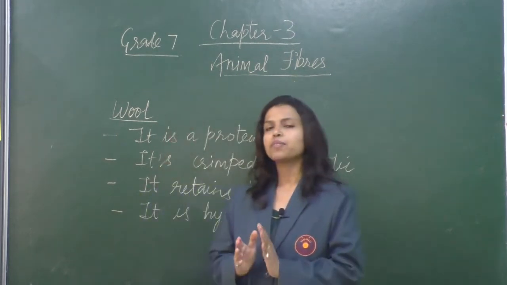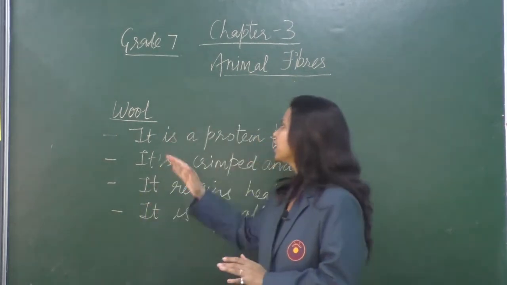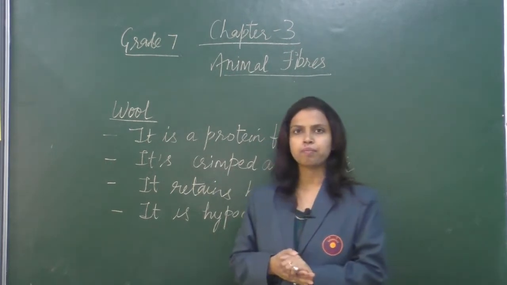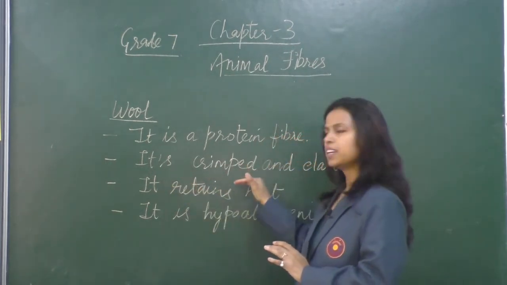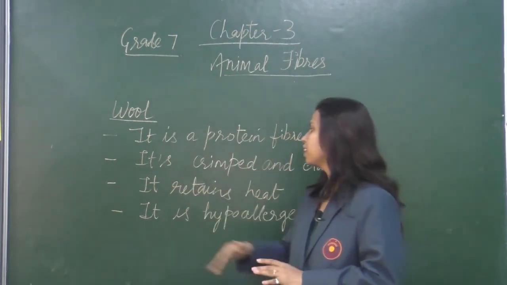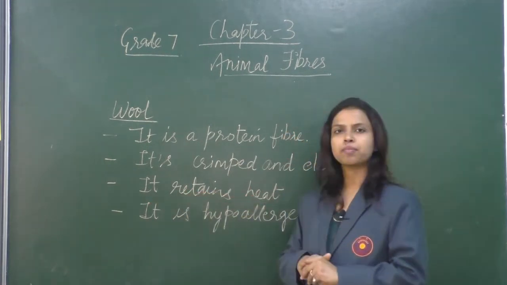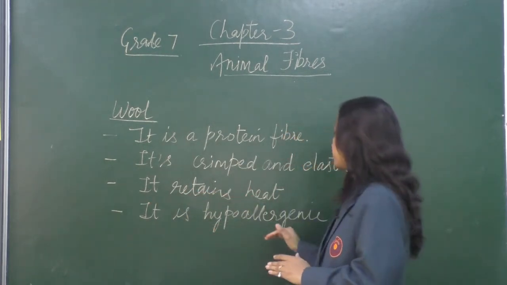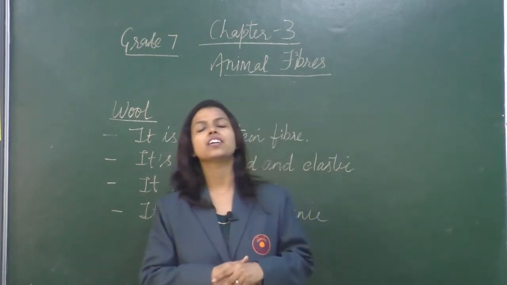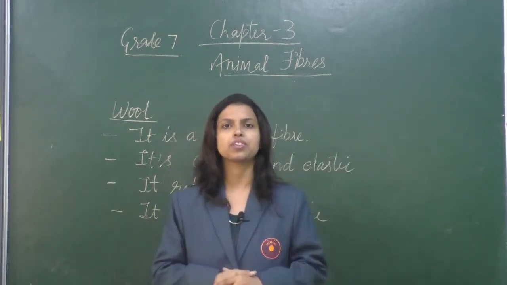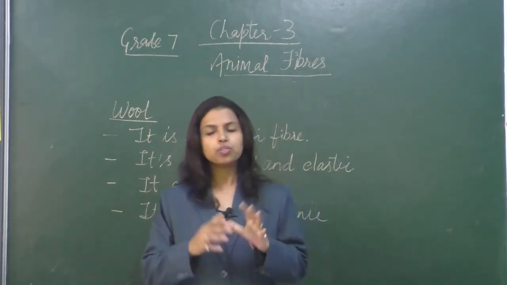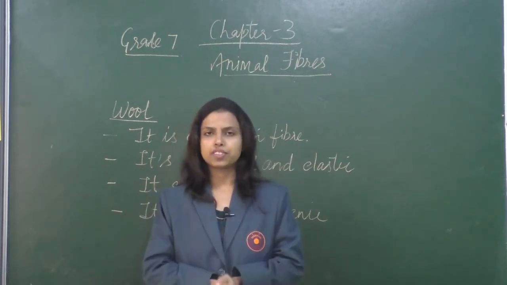So wool, what are the properties of this fiber? It is a protein fiber. Second, it's crimped and elastic. It retains heat. And it is hypoallergenic. Sometimes we get allergies when we are having this wool fiber. So what is the source of this fiber?